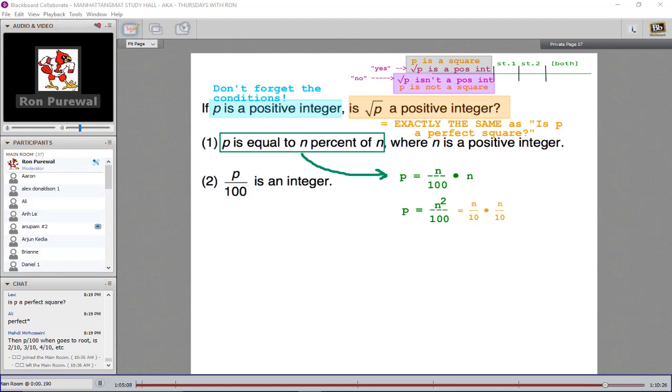Because we're definitely squaring something here. Sure we are. But the problem is, do we know? Are these integers? Do we know that? We got to think about that.